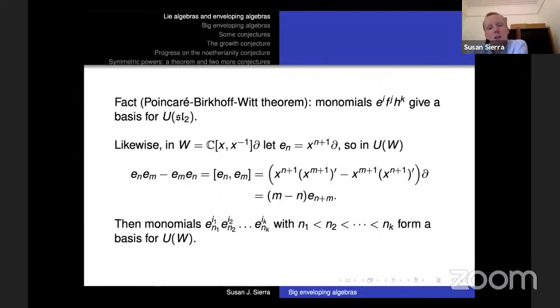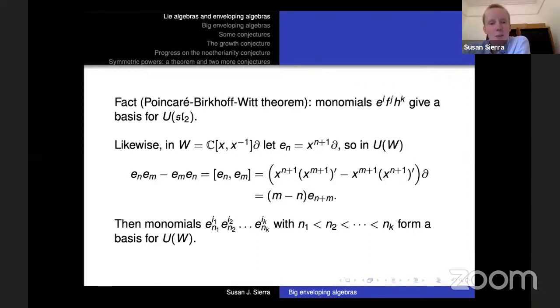So we first of all need a good basis for W. The obvious basis is to take a power of x times del. It works out well to let E_n be x to the n plus 1 times del. And so in the enveloping algebra U of W, we have the rule that E_n times E_m minus E_m times E_n is the Lie bracket of E_n, E_m.